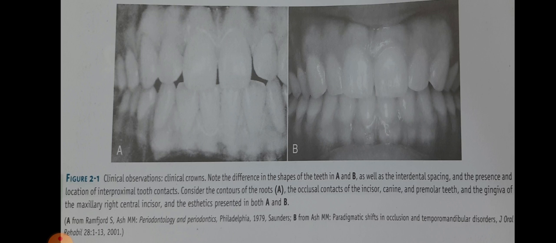A shovel-shaped incisor trait is found in a Caucasoid population only infrequently, that is, in fewer than 5%.